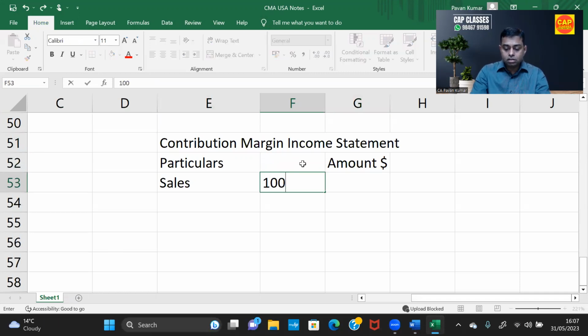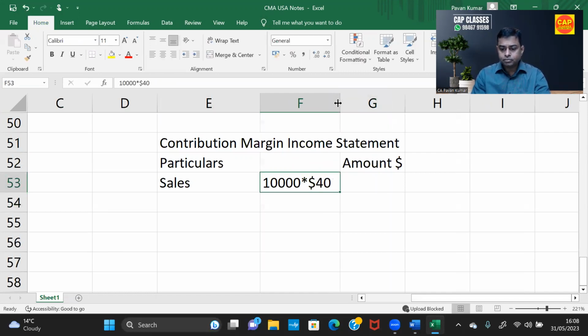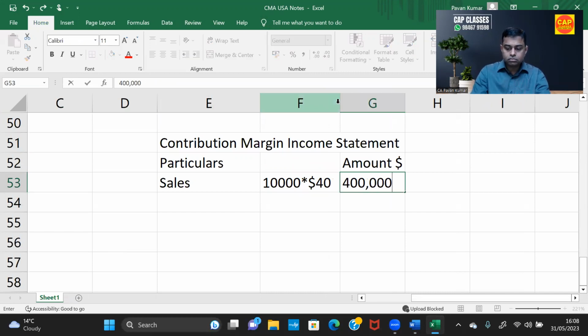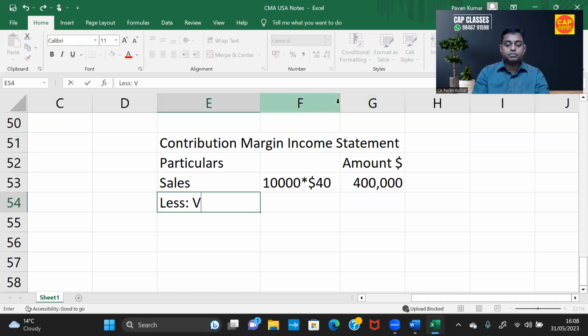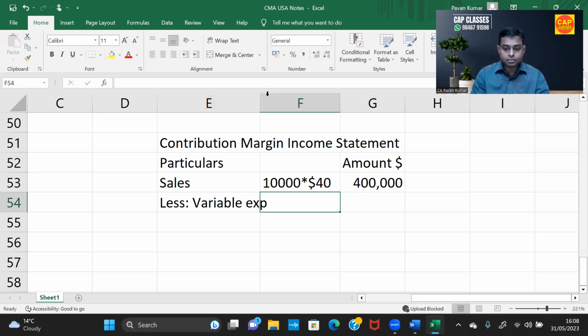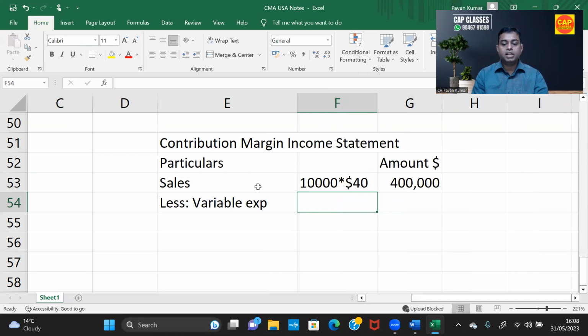Sales, 10,000 into 40. So can I say it is $400,000? This is sales. Less variable expenses.